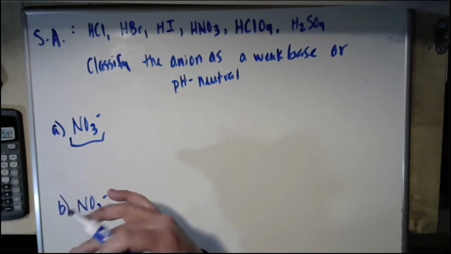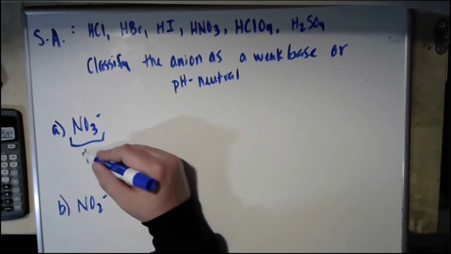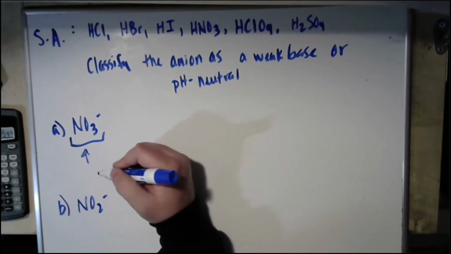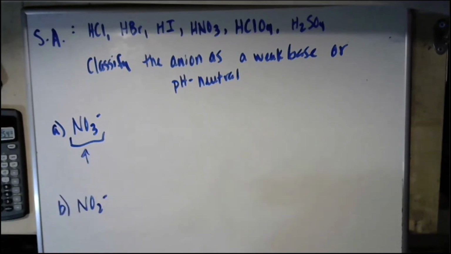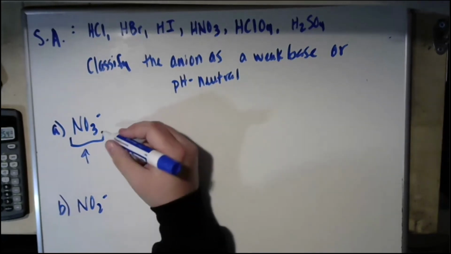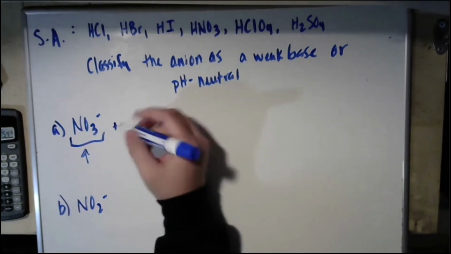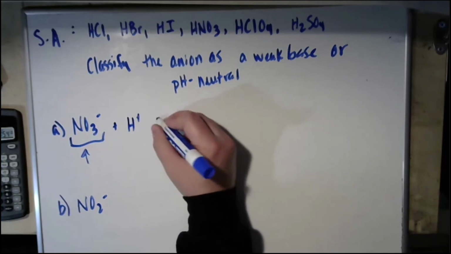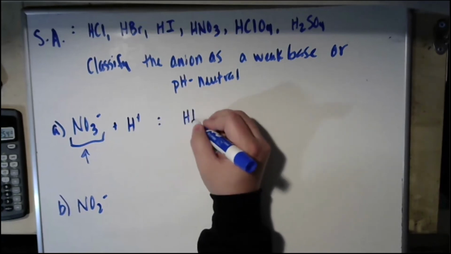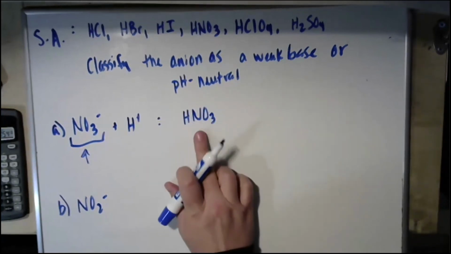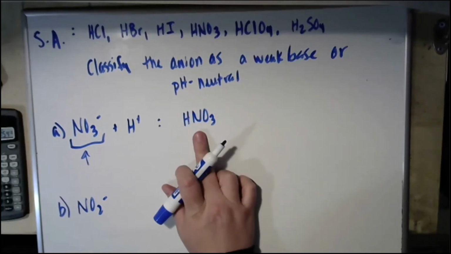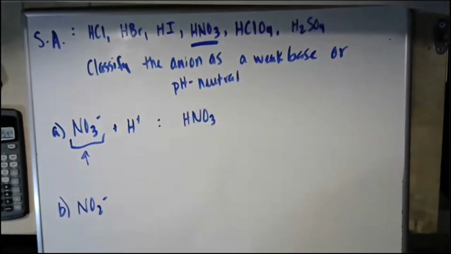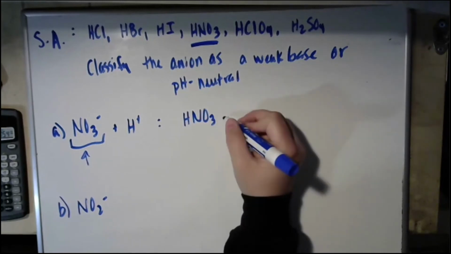That's going to tell you whether your anion is basic or neutral. So if I combine NO3 minus with a proton, it's going to form HNO3. HNO3 is one of our strong acids.